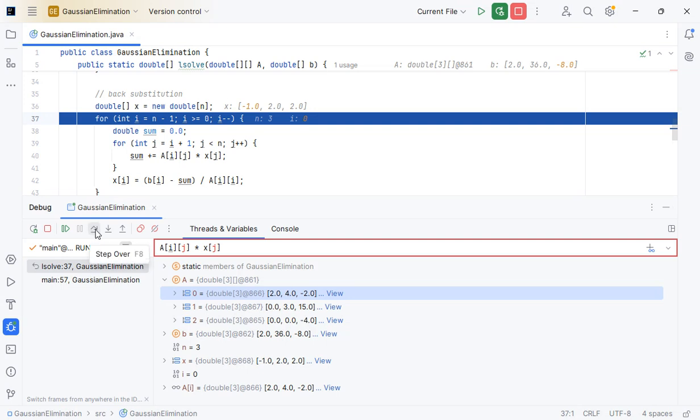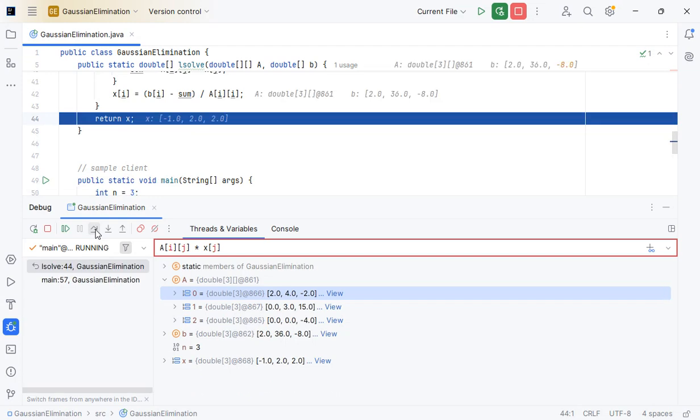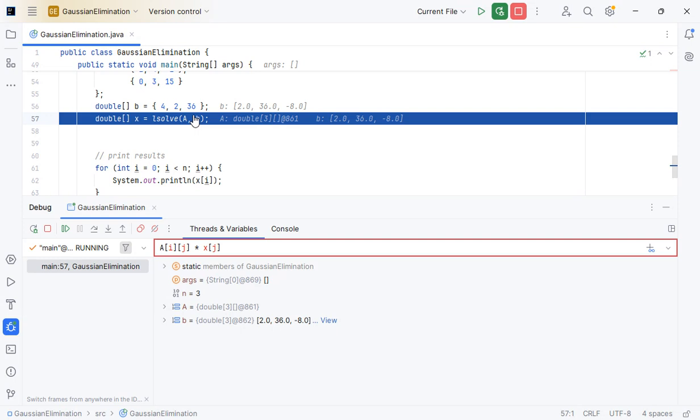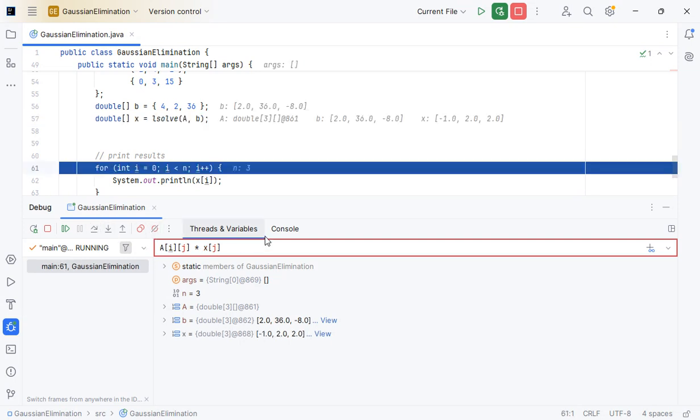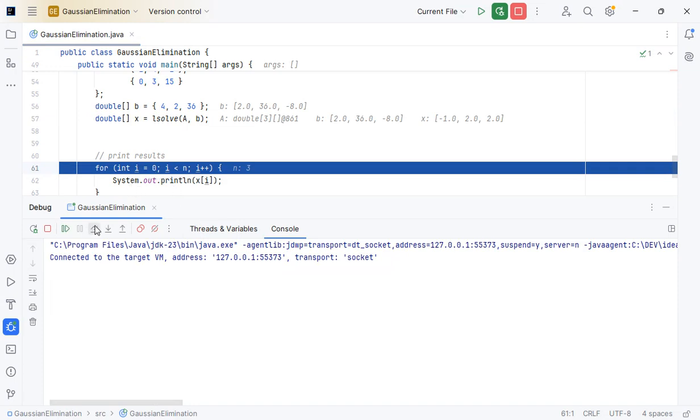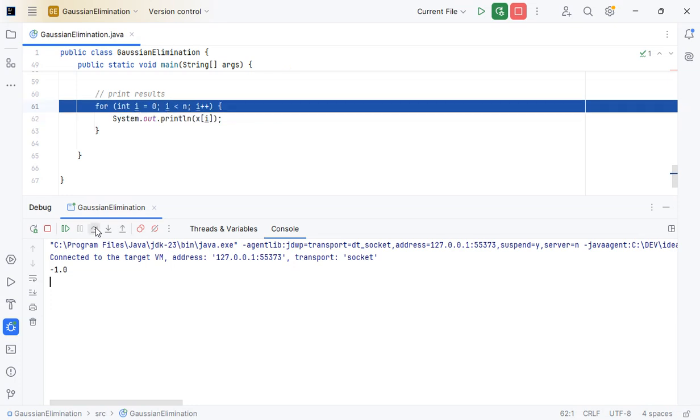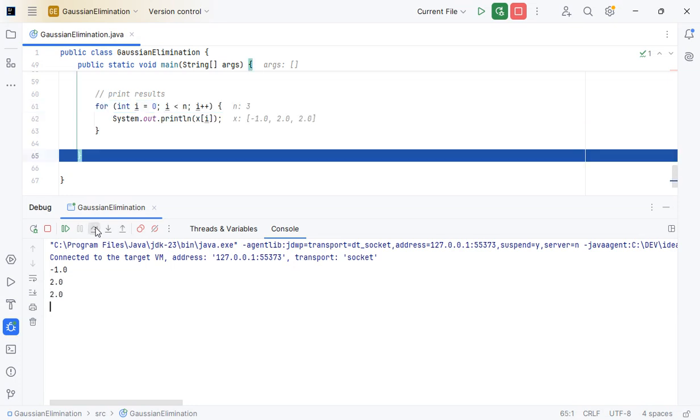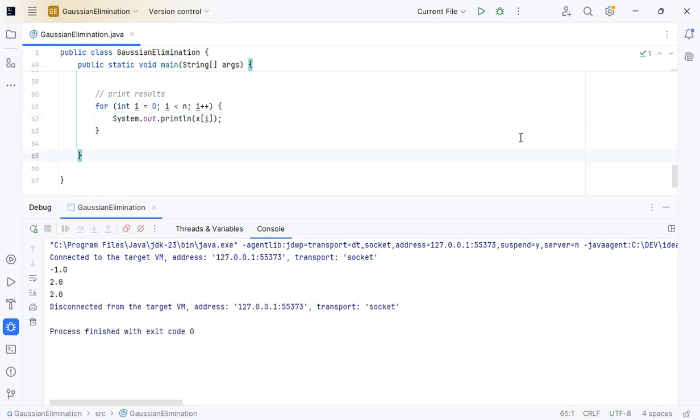Understand? Okay, so this is the return, and then we have lsolve is done. And now we just go to console, and we type the first, the second, and the third. And this is the final answer. So this is how it goes.